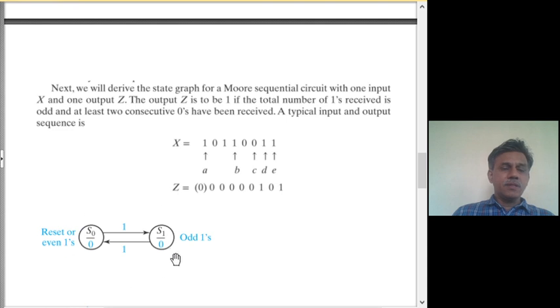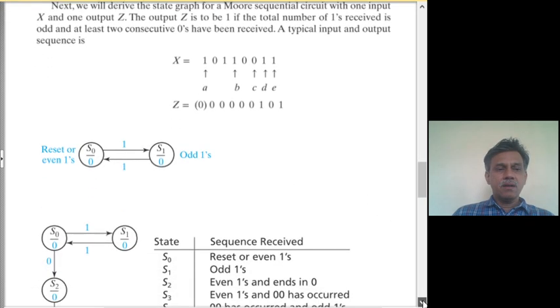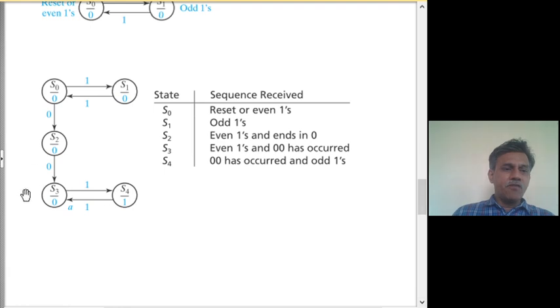So this is the first partial graph when the condition is not met. When the condition is met, then the state graph will be like this. This is the even case where we output 0. This is the odd case where we output 1, because it is odd and the condition is being met also. How do we switch between these two?